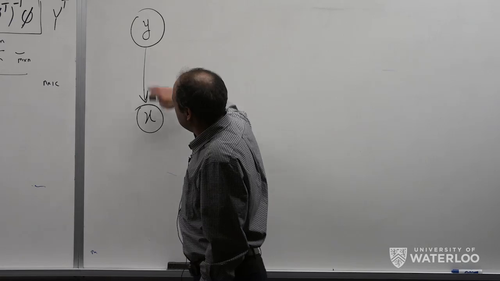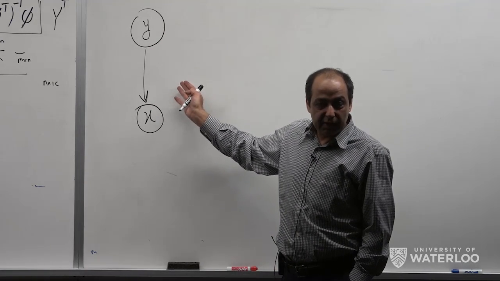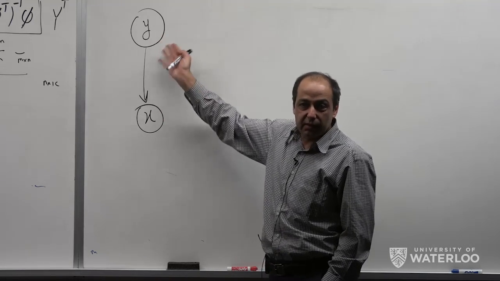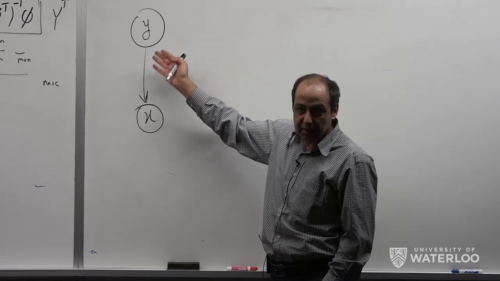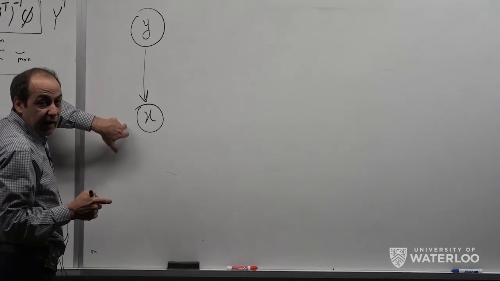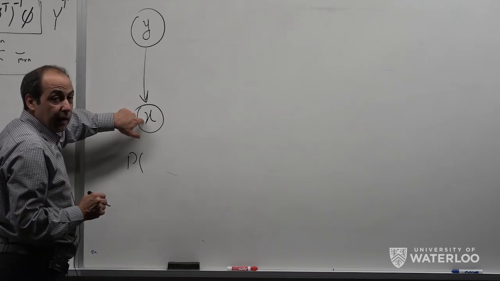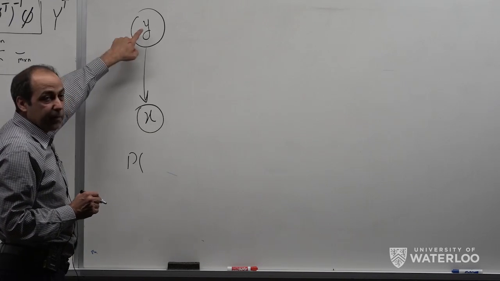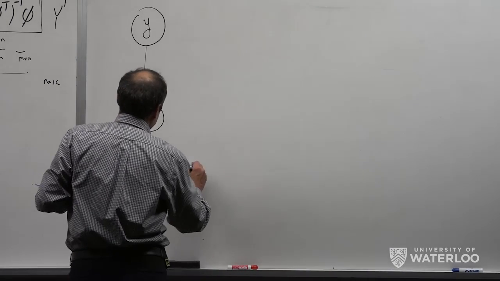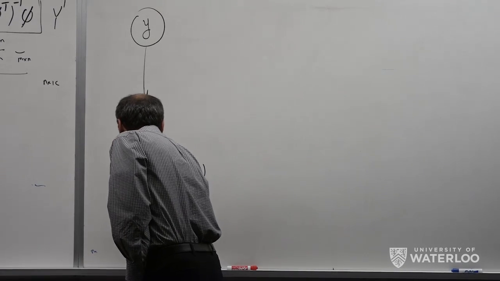Here, actually, I'm presenting a joint distribution of X and Y. The only thing that these arrows and circles tell me, these are two random variables, is that this joint probability between Y and X can be decomposed this way. It's P of child given parent, P of x given y, times P of y, which is basically P of x, y.